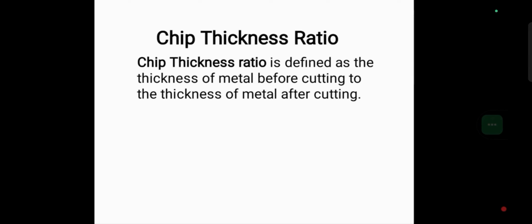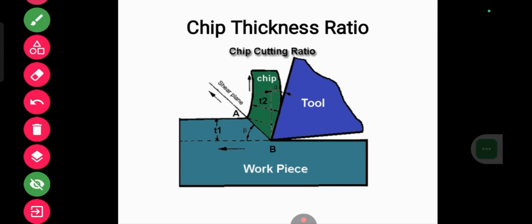Let's look at the definition of chip thickness ratio. Chip thickness ratio is defined as the thickness of metal before cutting to the thickness of metal after cutting. Now let's see the diagram. This is the workpiece, this is the tool.